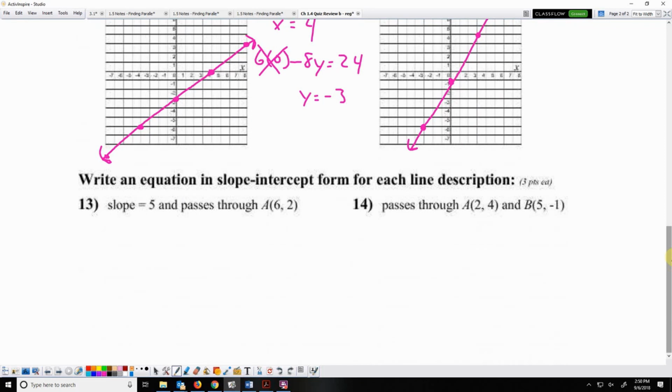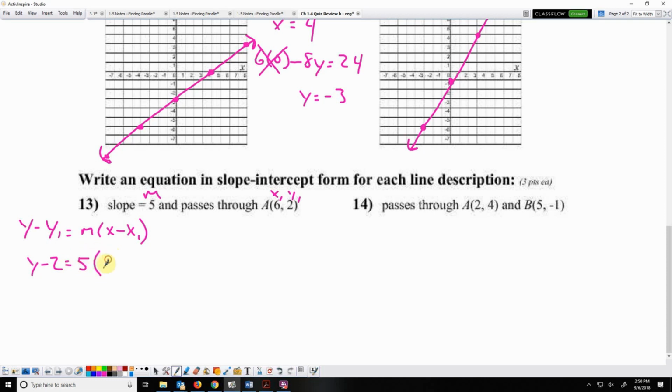And last, write an equation in slope-intercept form, and we will start from point-slope form, which is y minus y1 equals m times x minus x1. Here's my slope, that's m. Here's a point that the line is going through, that's x1 and y1. Y minus y1 is y minus 2. M is 5.